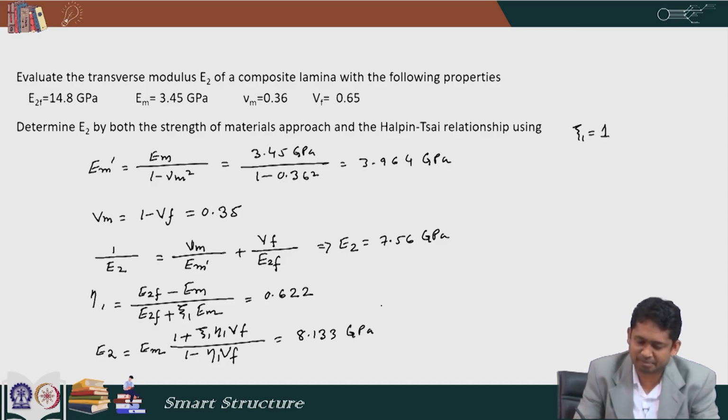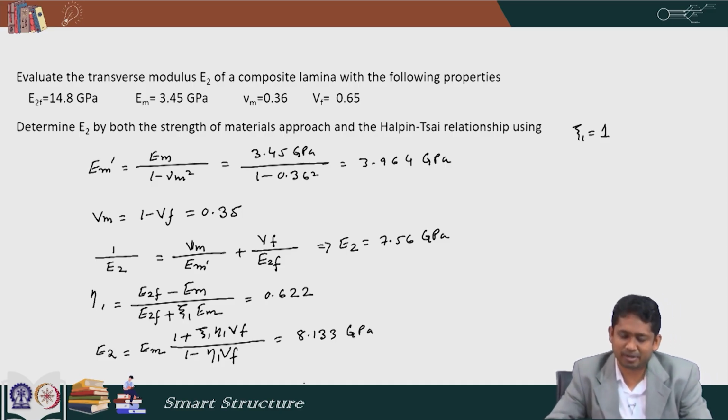So, we can see that there is some difference between the experimentally obtained value and the value that we obtained from the rule of mixture based equation and the Halpin-Tsai equation.